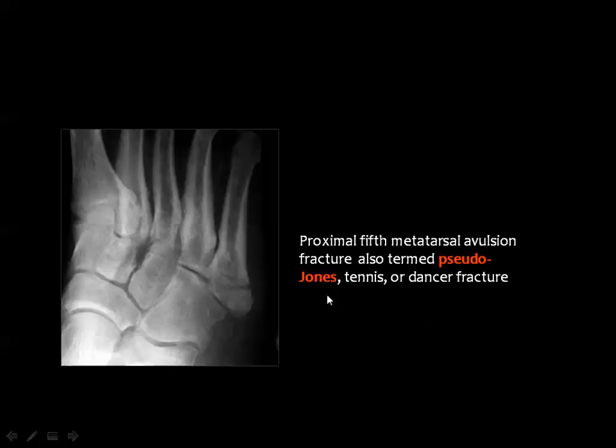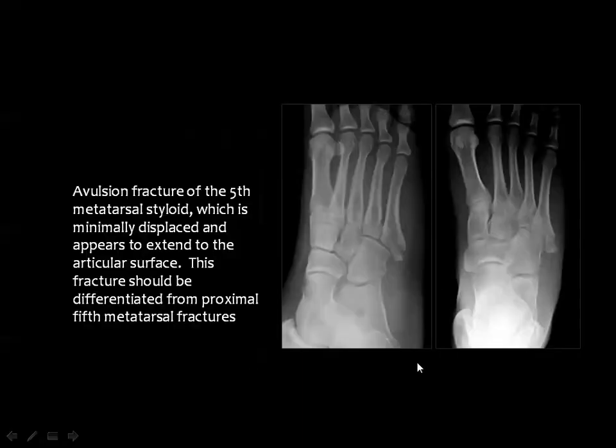Because the Jones fracture is a little bit above this site of injury, it is sometimes known as pseudo-Jones fracture or tennis or dancer's fracture on certain occasions. And this is an avulsion fracture of the proximal part of the fifth metatarsal bone.